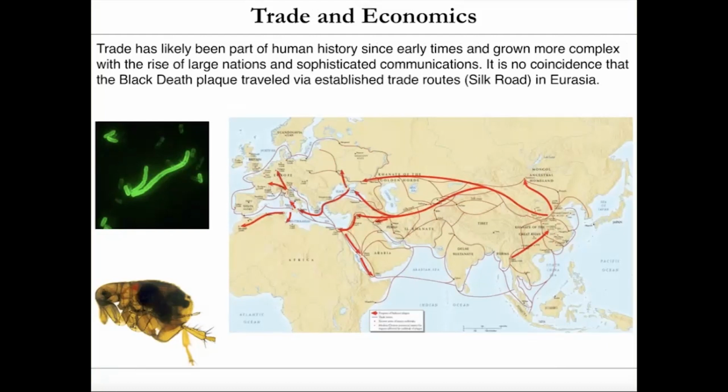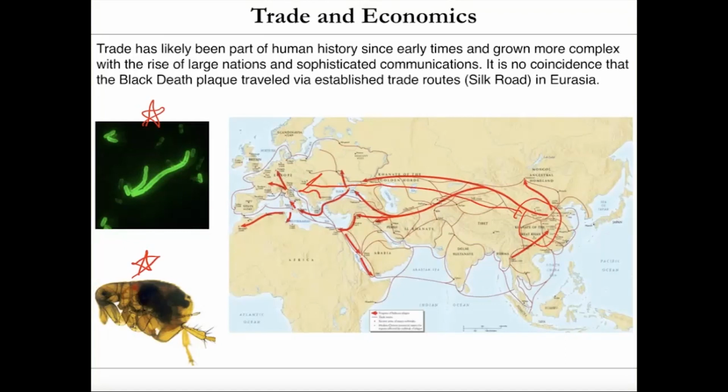It's no coincidence that the Black Death plague, the bubonic plague, traveled from China to and basically ravaged Europe through established trade routes that had been around for generations via the Silk Road. The bubonic plague was caused by a bacterium, Yersinia pestis, shown here, which was transmitted by the rat flea, which is carried by rats.